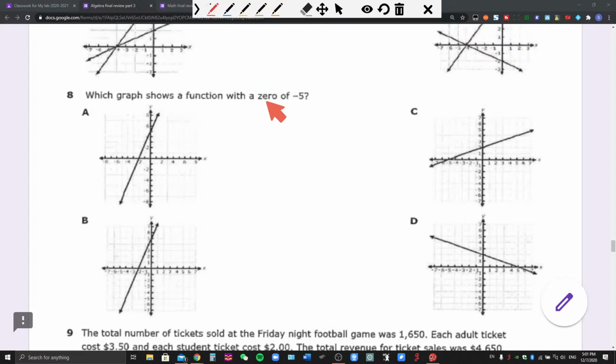Basically, a 0 means y equals 0, and of -5 means y equals 0 when x is -5. Okay, a 0 of -5 means y equals 0 when x is -5.